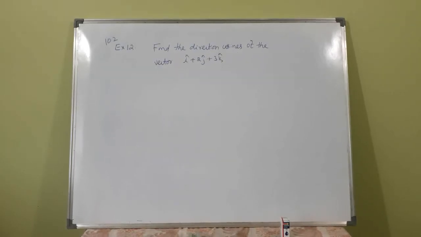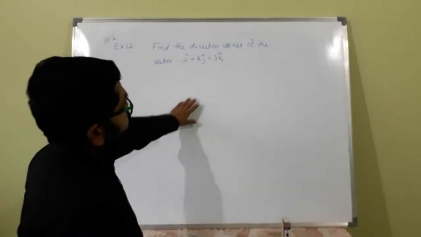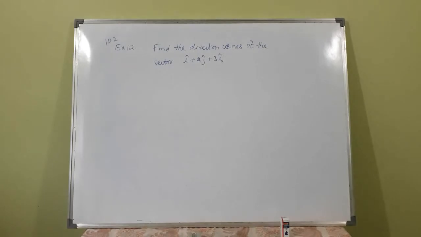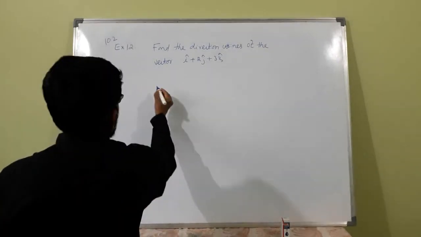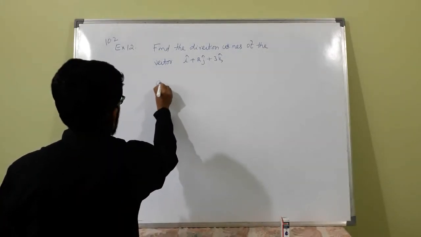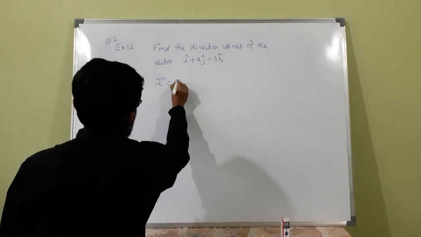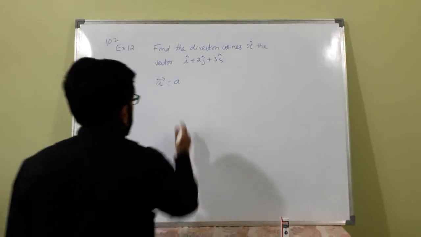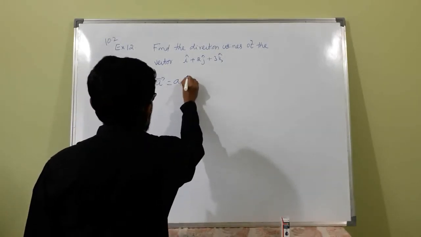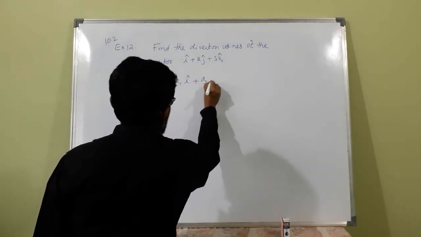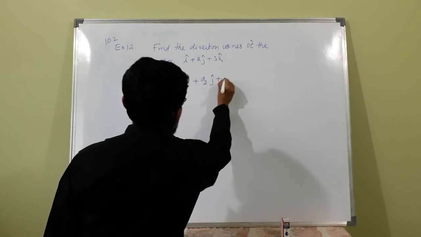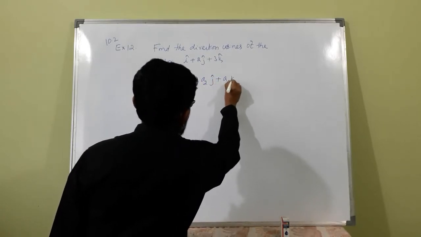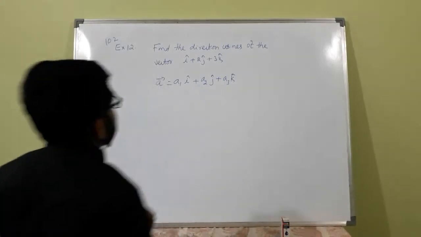This is the 12th example. Find the direction cosines of the vector. Let A be A1i plus A2j plus A3k.